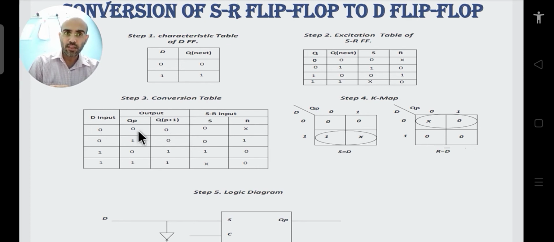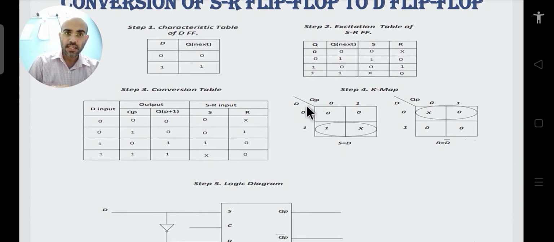So for S input, when I fill the D and QP entries on the K-map, I can see that there is one entry 1 and the other entry is cross.